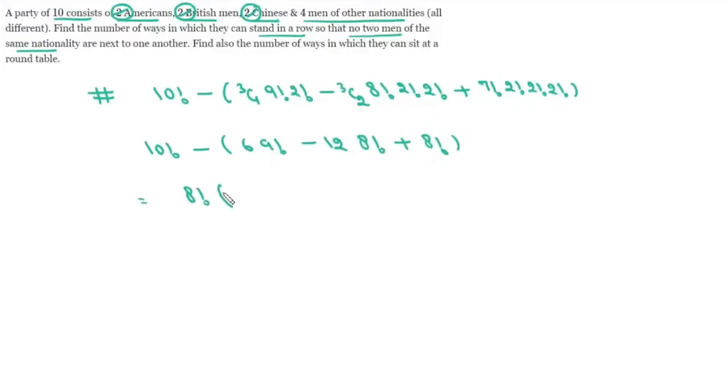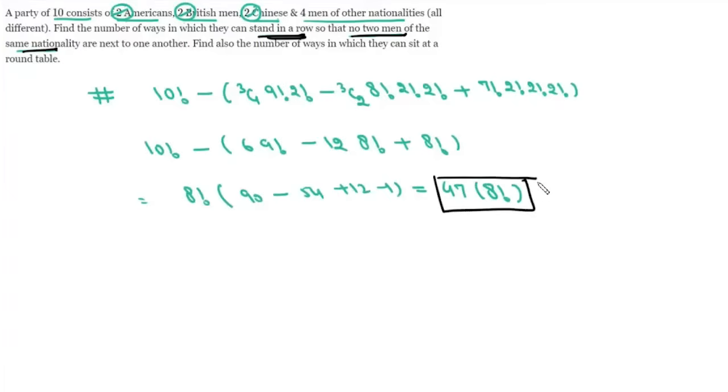If we take factorial 8 common, it'll be 90 minus 54 plus 12 minus 1, and it'll be 47 into factorial 8. So the total number of ways in which they can stand in a row so that no two men of the same nationality are together is given by 47 into factorial 8.